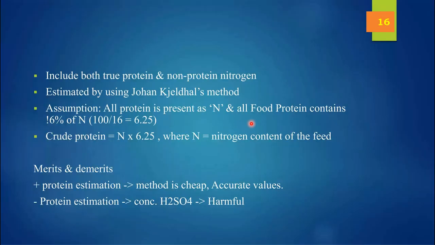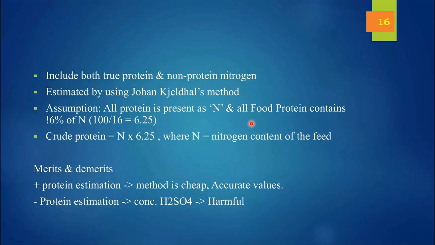Both true protein and the non-protein nitrogen are summed in the crude protein. Then this is estimated by using the Kjeldahl method. It's one of the most popular techniques, developed very long ago, and even then it still holds good.